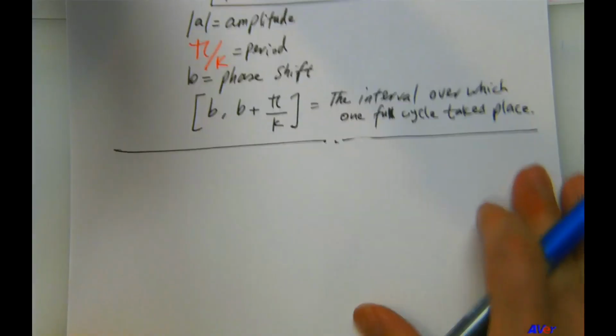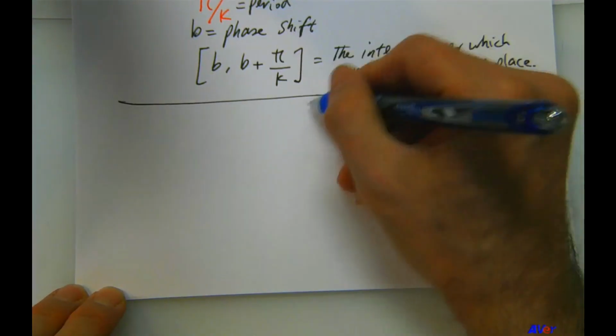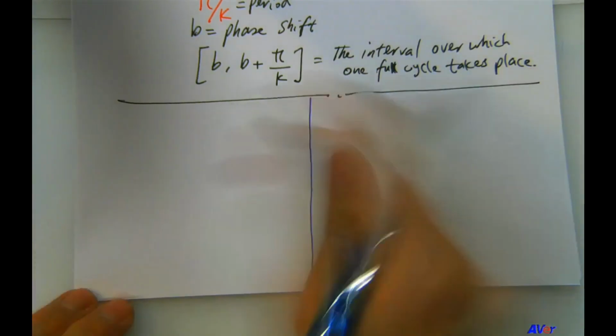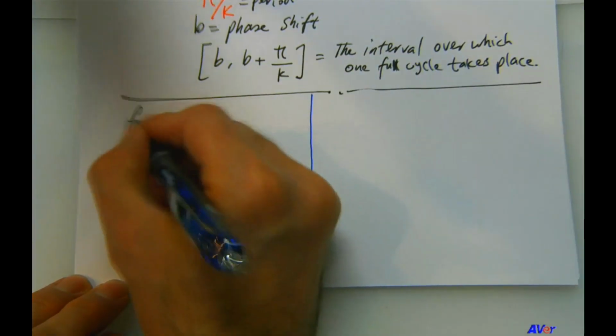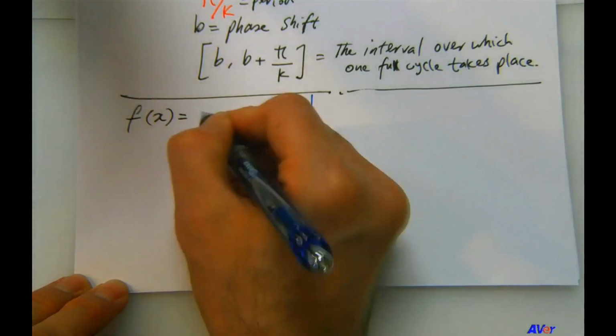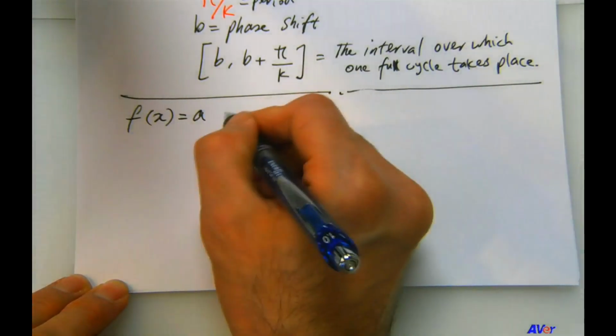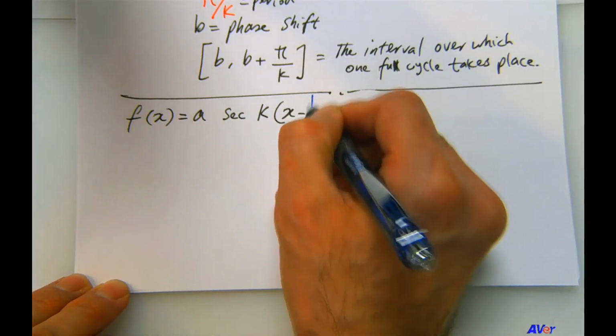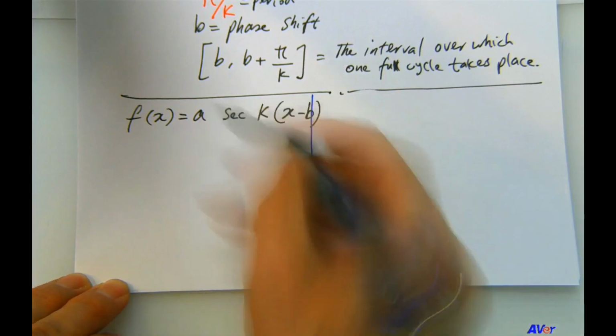I'll just do it at the bottom here, so I'll split this bottom into two halves. f of x equals a secant of k times x minus b, the same thing.